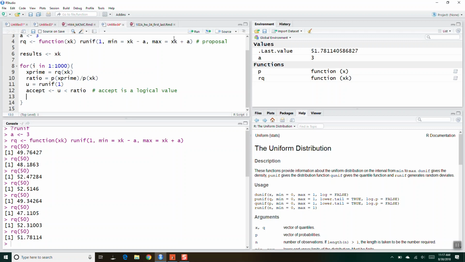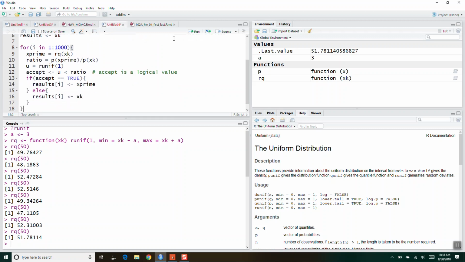All right, and so now we need to store our results. So we'll say if accept is true. So I can just do if accept, but if you want, we can do if accept is true. That's redundant. We can just say results i will be x prime. Otherwise, results i will be xk, our current value. Is that okay?